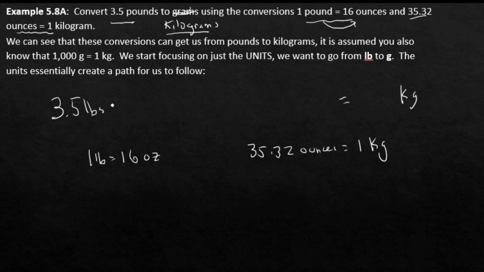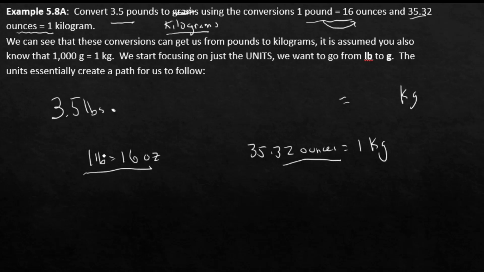So hopefully you can see that if we're going to change units, I'm going to be multiplying by the number 1, right? Twice. So hopefully you can see you want to use this one first because it's the only one that has pounds. So the first step will be to get rid of the pounds and convert to ounces. And then once I have ounces, the second step will be to get rid of the ounces and convert to kilograms.